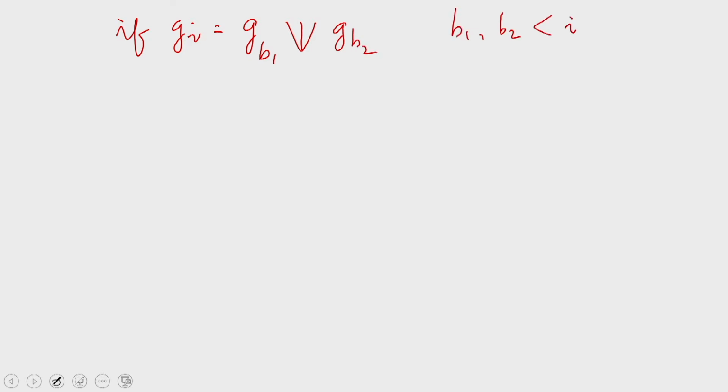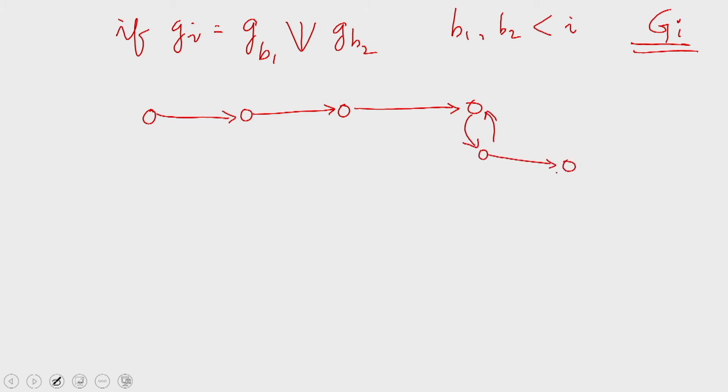If Gi happens to be a NOR of Gb1 and Gb2, then Gi will be designed in this manner. Here we have a vertex which will be enter i, and then we have 3 vertices of this form, and we set up edges of this sort.